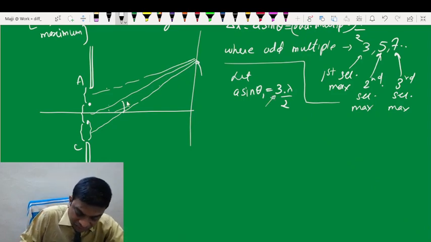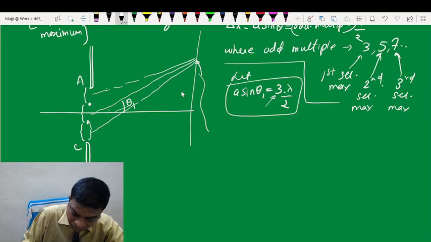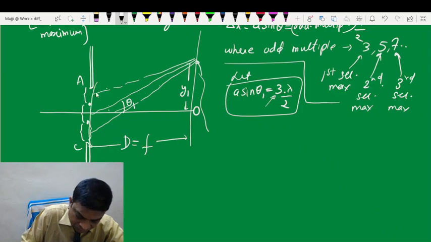So if I take this as theta 1, then I'll write here that point corresponds to A. This condition has already been written here. Again, if you want to know the linear distance from the principal maximum, there is a length, students, which I have not drawn here.